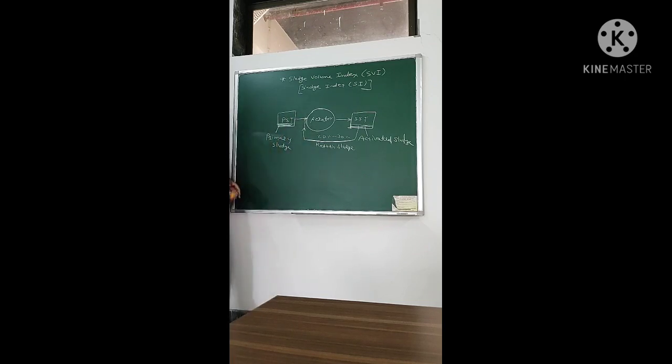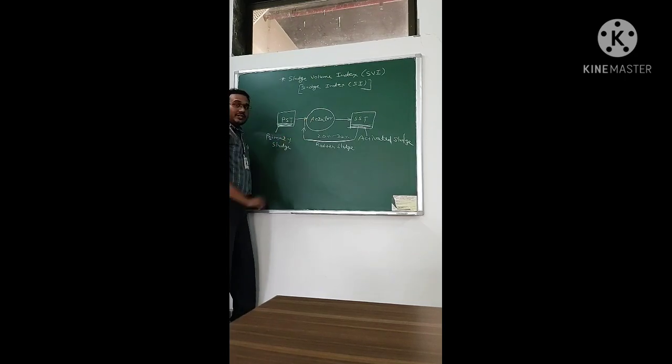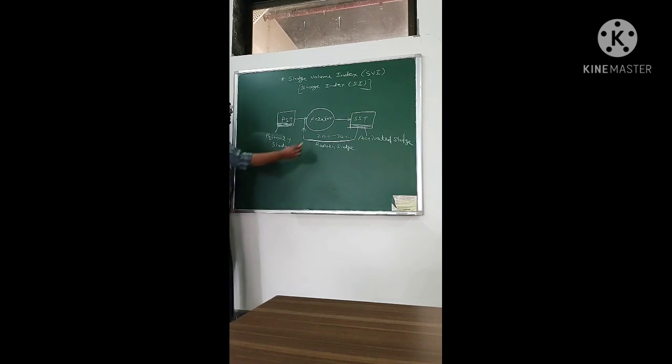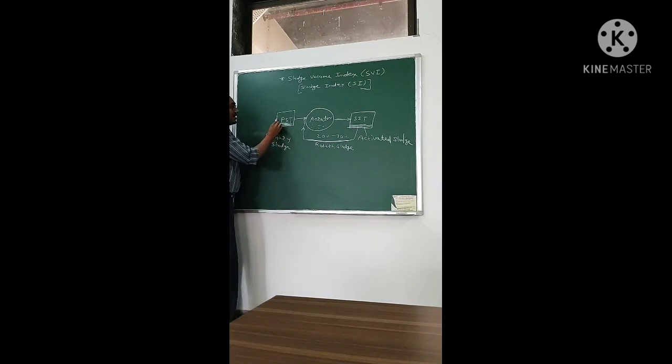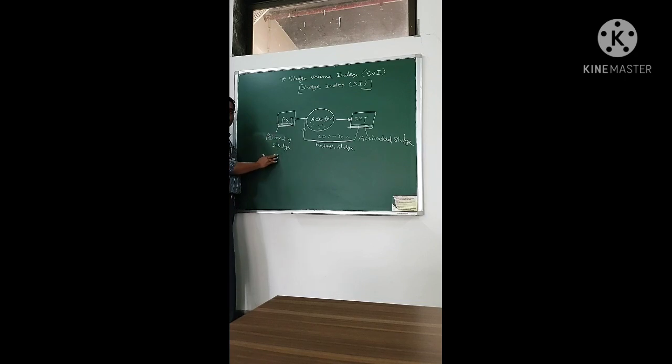Now you know what process takes place in the aeration tank. Some part of the activated sludge is there, and the raw sewage in which the primary sludge has already been deposited is taken into the aeration tank.